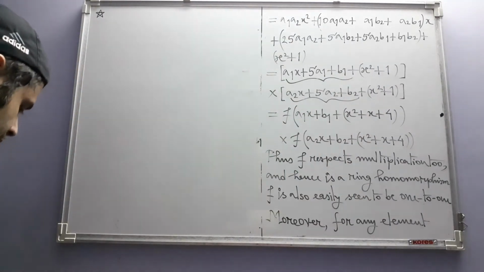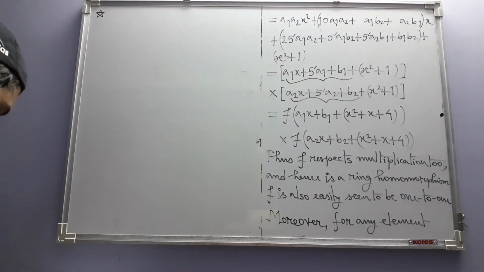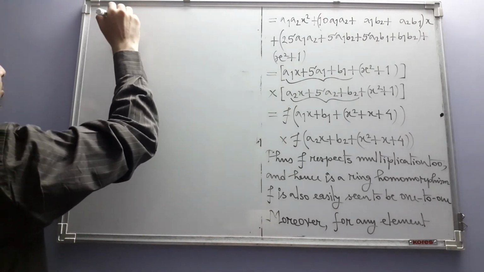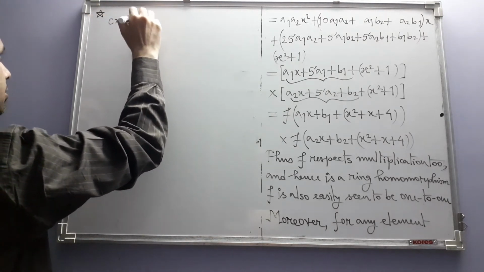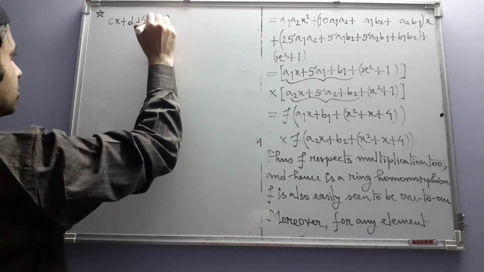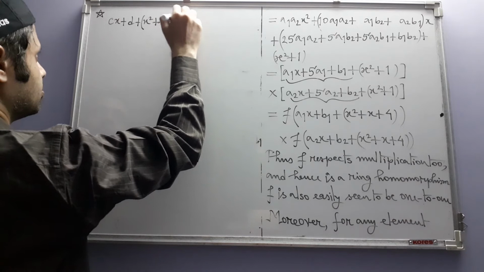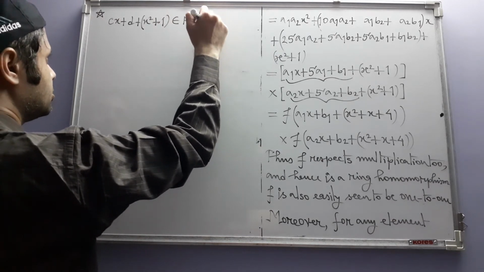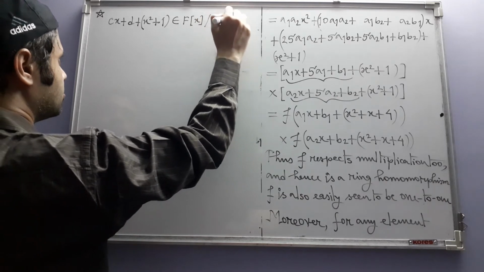Anyway, now everything is good again. For any element, cx plus d plus x square plus 1. Now any element in the range, in the second field, you have to find an input for which this is the output.